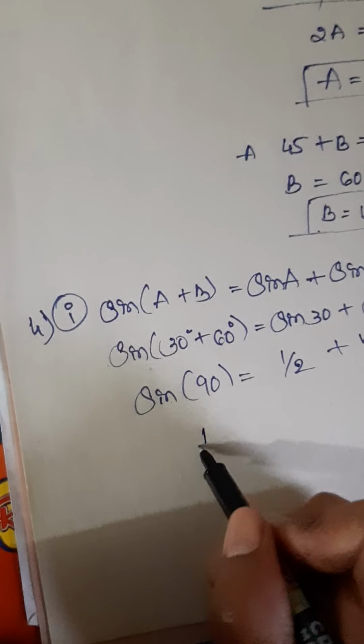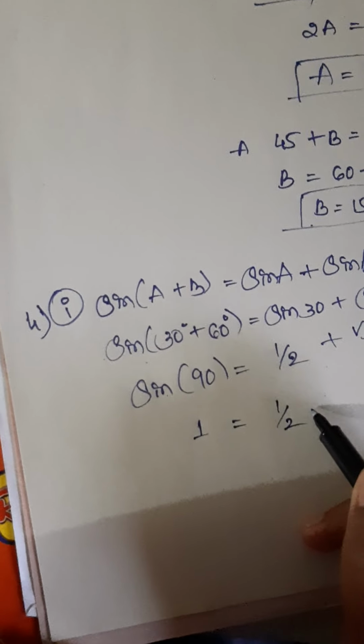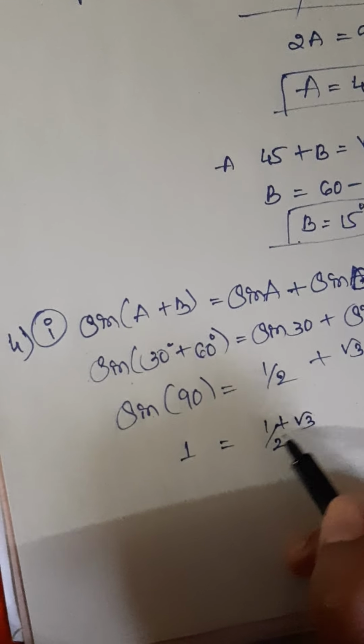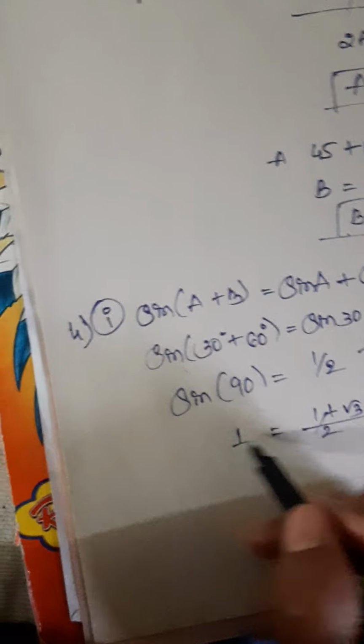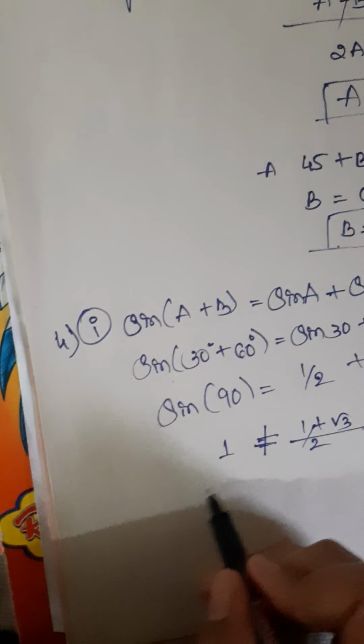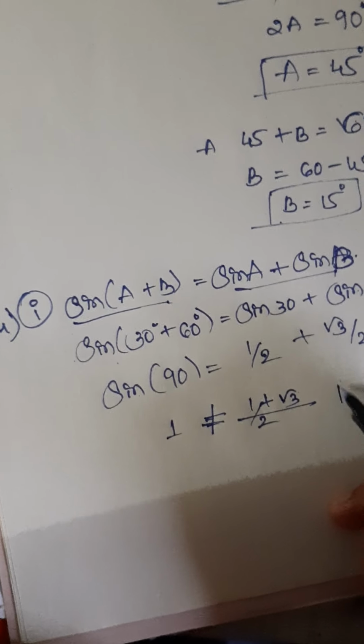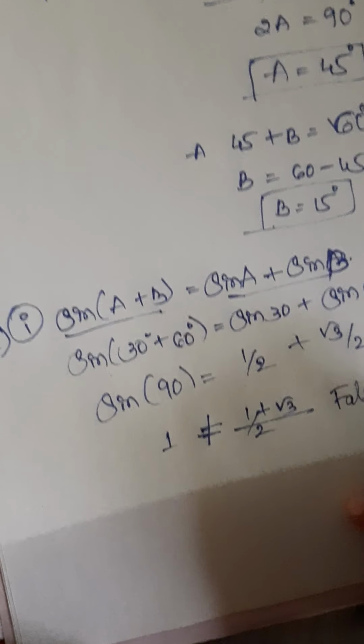By taking the LCM, we have 1 plus root 3 by 2. So this is obviously not equal. So sin(A + B) is not equal to sin A + sin B. This is false.